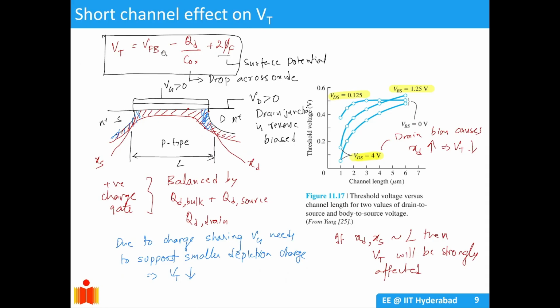So VT we know is given as phi_ms minus QD by Cox plus 2 phi f, and it looks like your depletion region looks like this.